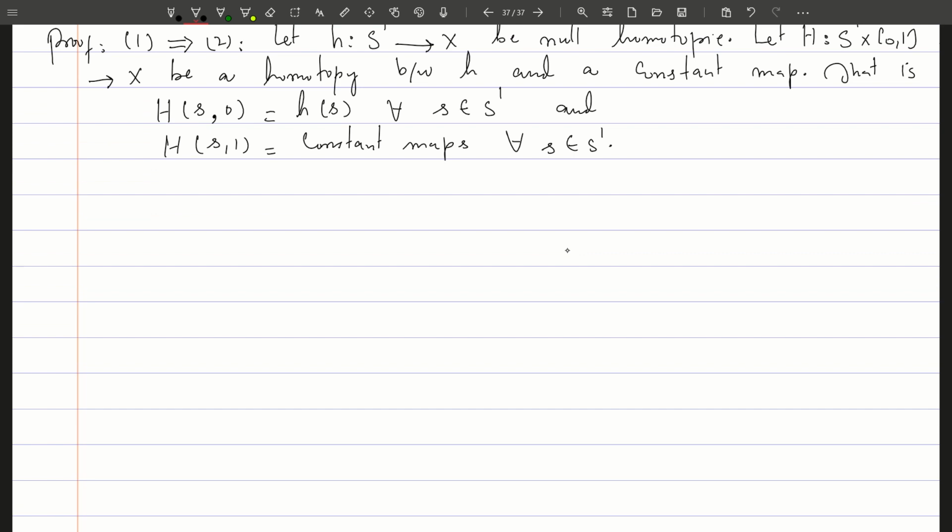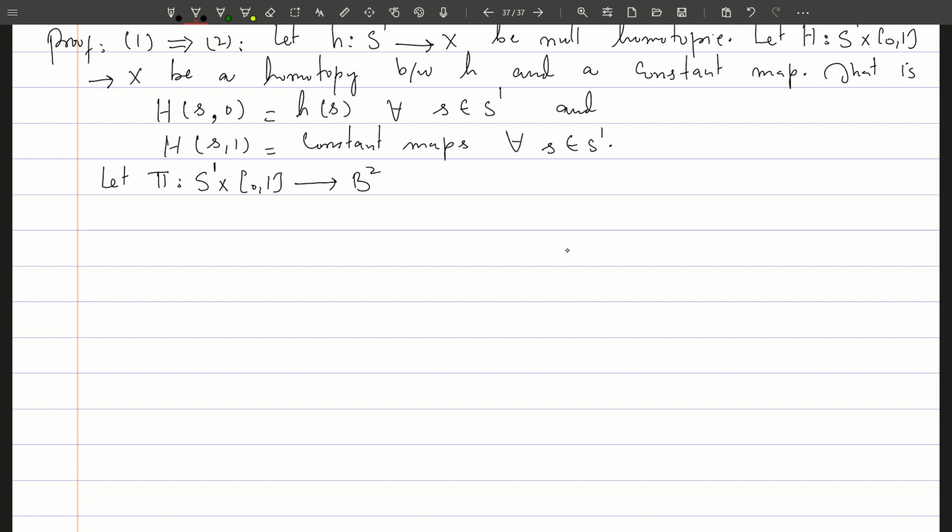Now let us consider a map. Let pi be a map from the unit cylinder, which is actually a cylinder of radius 1 and height 1, to B2, where B2 is the closed unit ball.